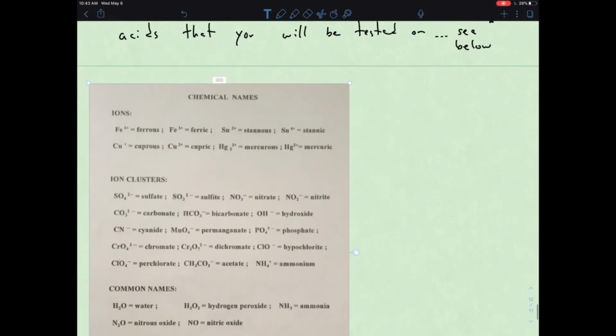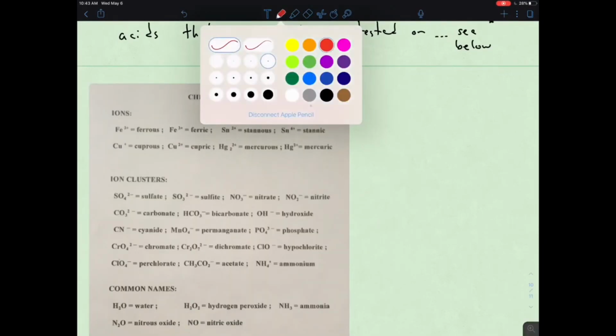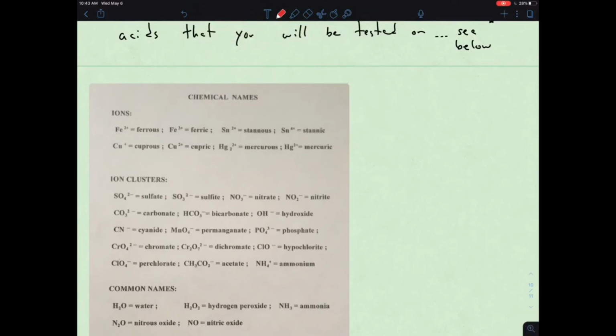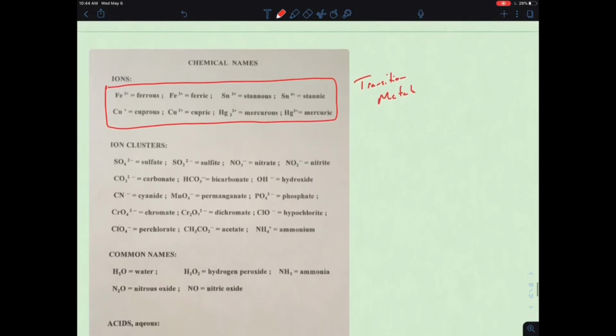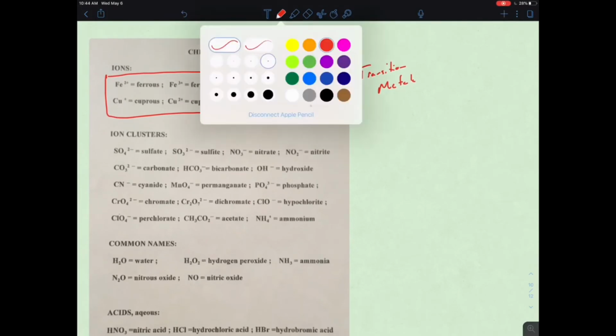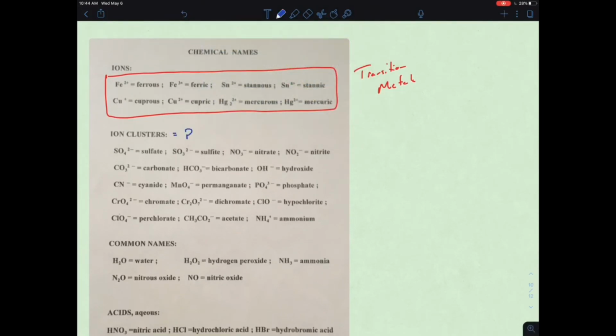So we already see at the top, right here, are our transition metals. We already actually have that above in our notes. Here in the middle, we have our ion clusters, and really that's our polyatomics.